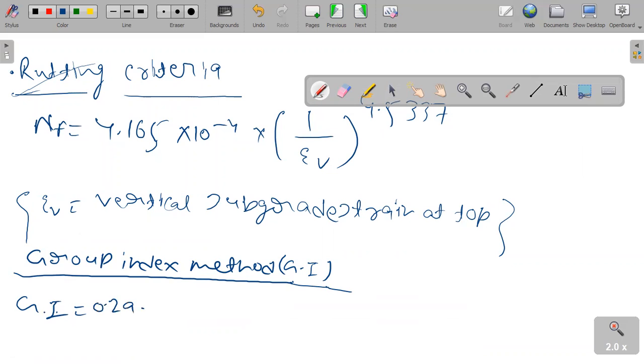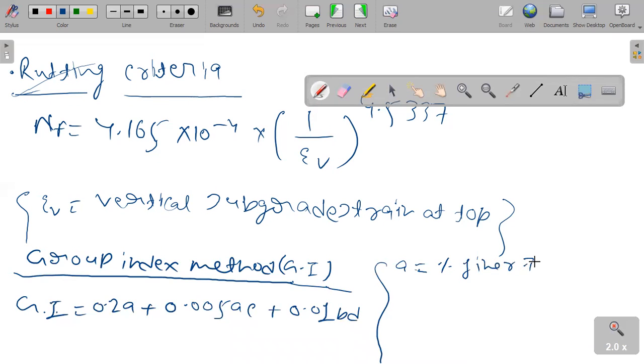We have the formula for group index GI as 0.2a plus 0.005ac plus 0.01bd. Basically here A is percent finer than 75 micron minus 35, and this A should not be greater than 40.